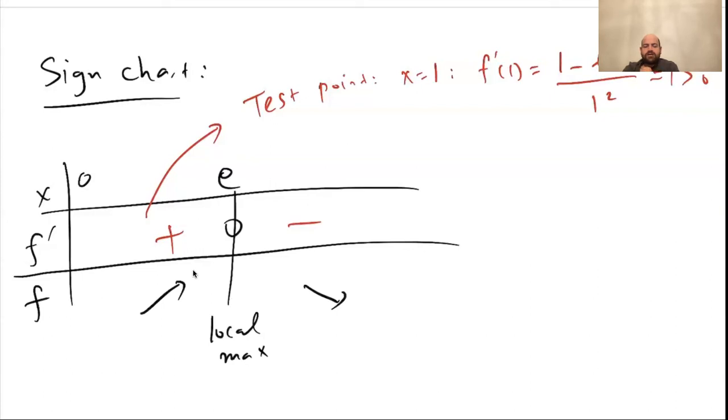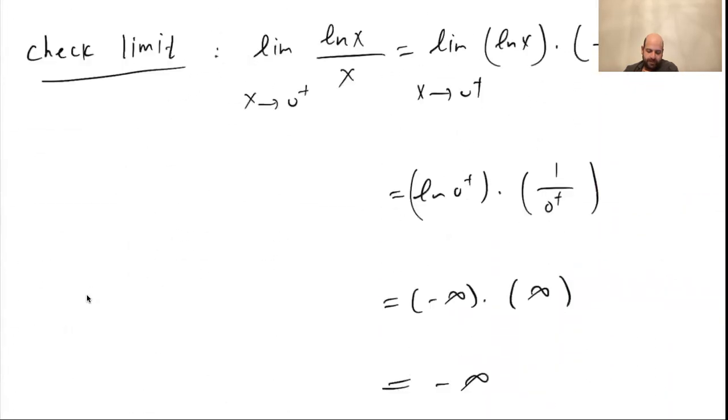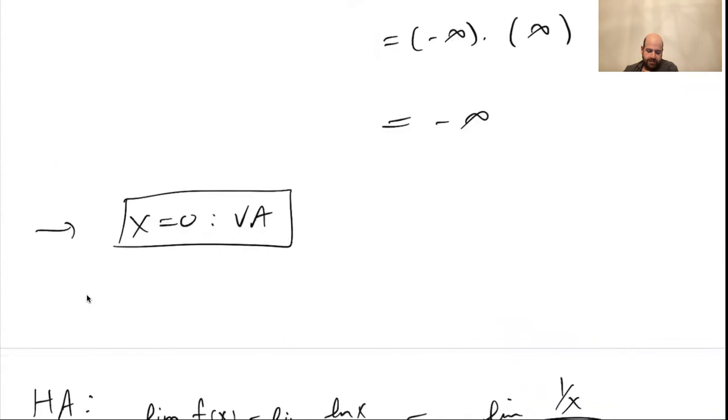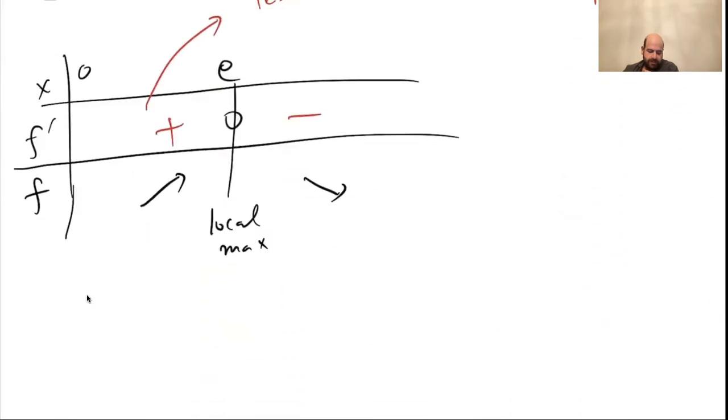And we are ready to sketch the graph of the function. And please remember, x equals 0 was a vertical asymptote, and the right limit was minus infinity. So we start from minus infinity, the function increases, there is a local max, and then it decreases.